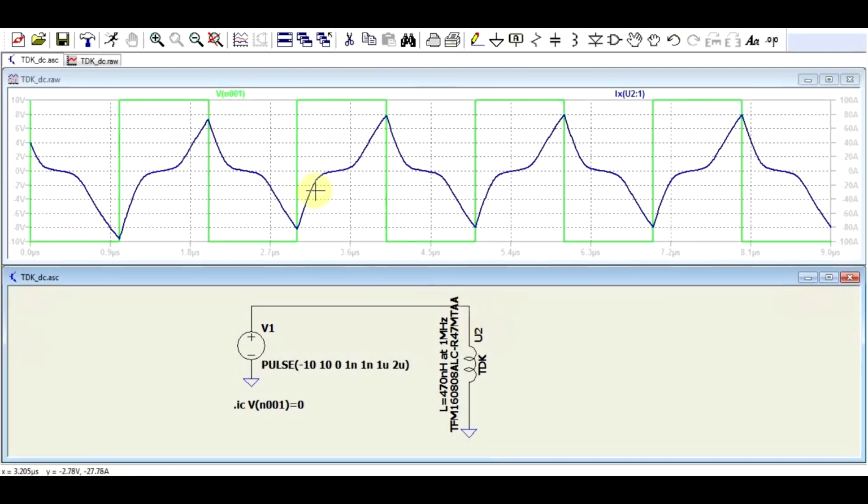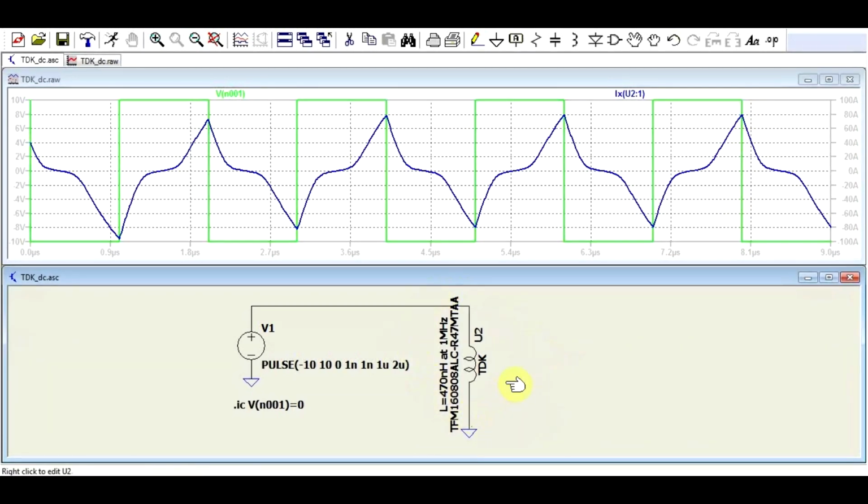So we no longer have a proper triangle wave, like the ones we saw before. We have this thing. So we have a certain slope at low currents and then a different slope at high currents, with a clear behavior showing us the saturation. So this inductor saturates at around, I don't know how many amps, and then the inductance becomes much smaller.